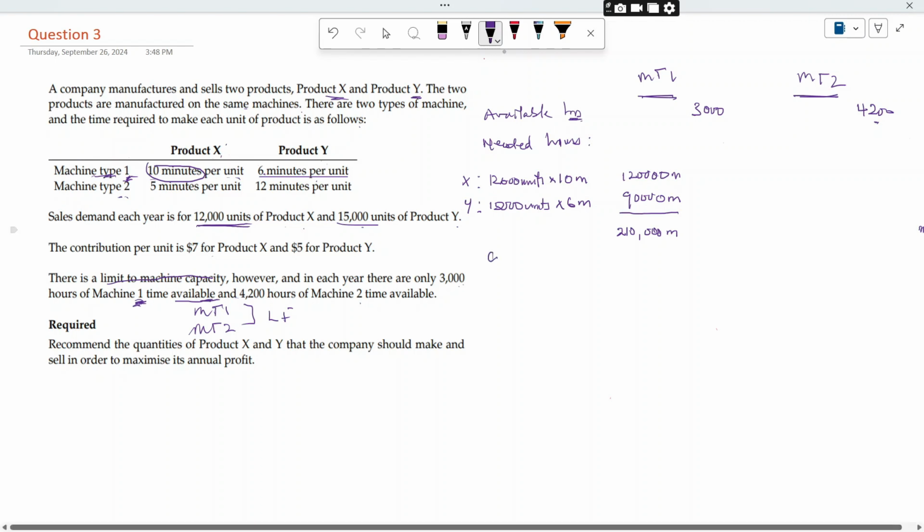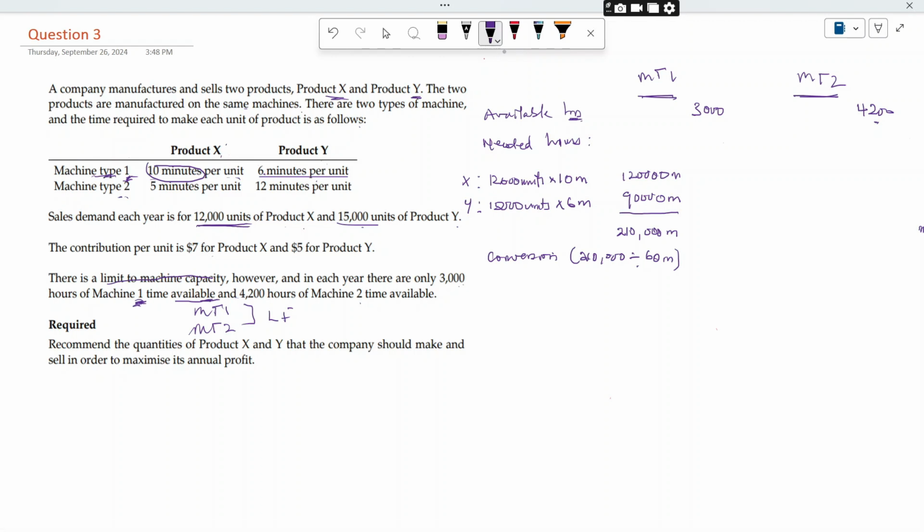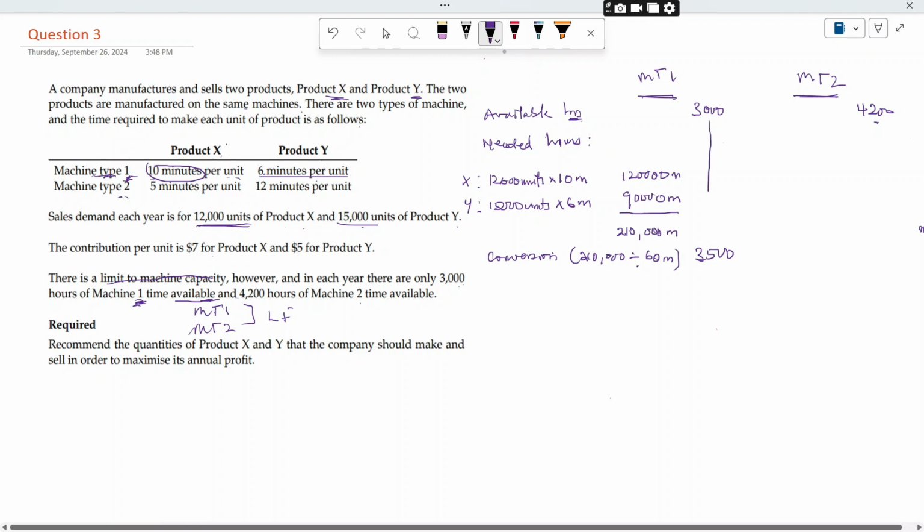So for the conversion, 210,000 divided by 60 minutes, because 60 minutes make 1 hour. So 210,000 divided by 60, giving us 3,500.